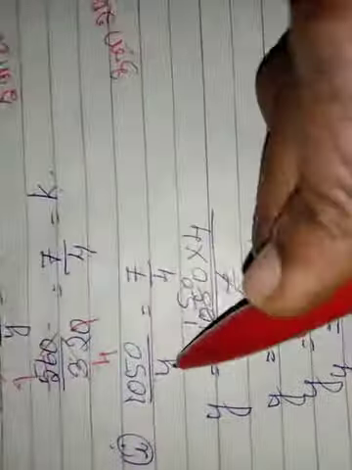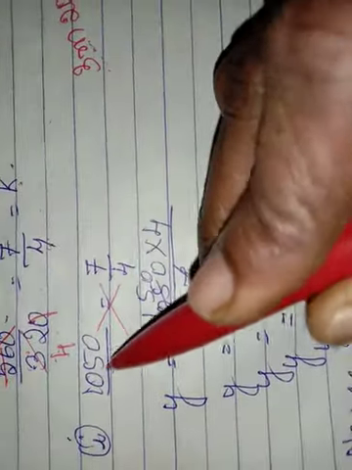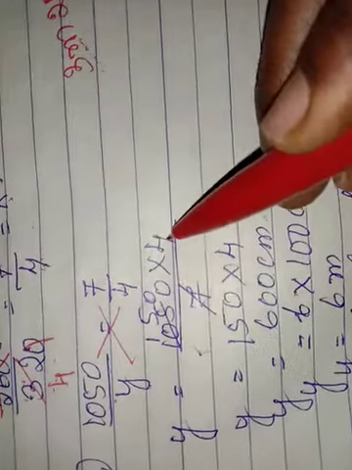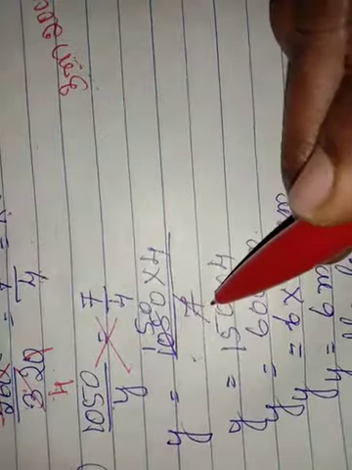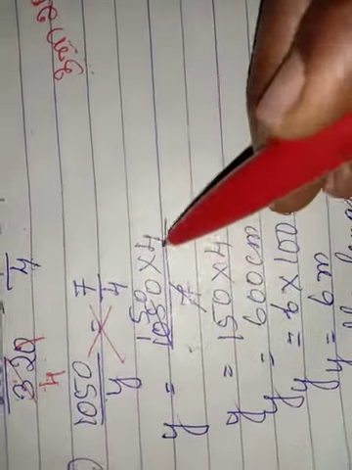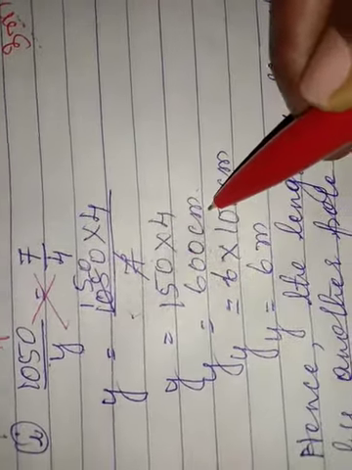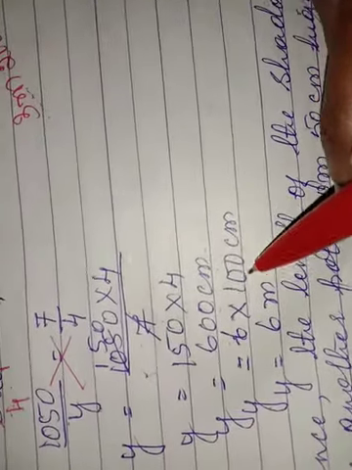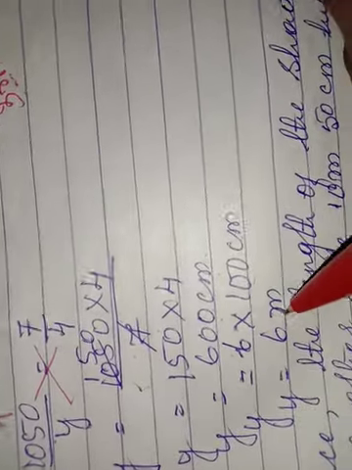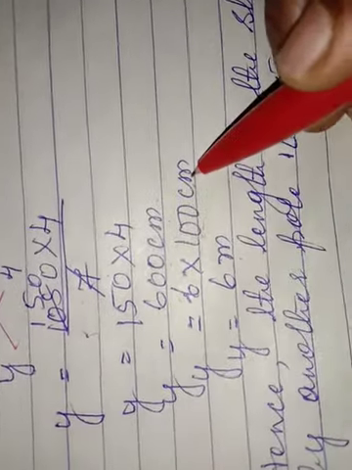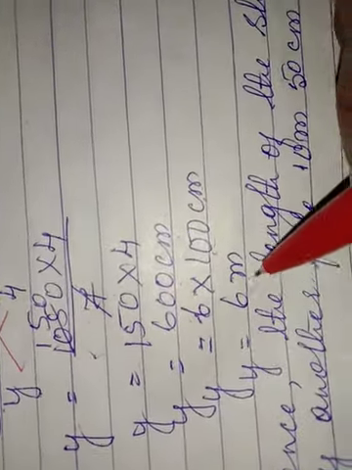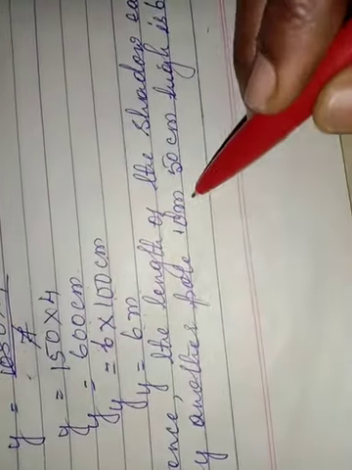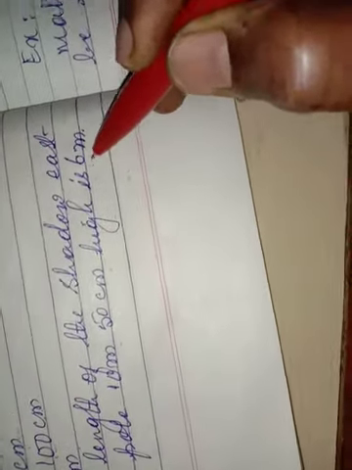So y is equal to, now cross multiply, y is equal to 1050 into 4 divided by 7. So 150 into 4, that is equal to 600 centimeter. y is equal to 6 into 100, that is 600 centimeter. Then we can convert into meter. Yes or no? 100 centimeter is equal to 1 meter. So y is equal to 6 meter. Hence the length of the shadow cast by another pole 10 meter 50 centimeter high is 6 meter.